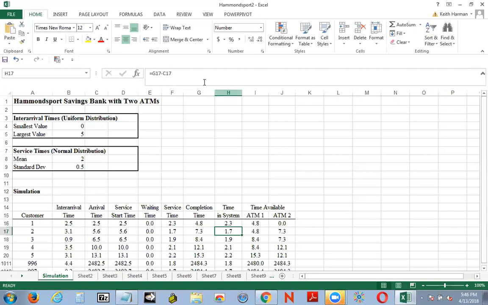I'm going to click the cell so you can see it, because they spent 5.6 minutes waiting to be served, and it took 1.7 minutes to serve them. So that's their time actually, and they get their completion time.